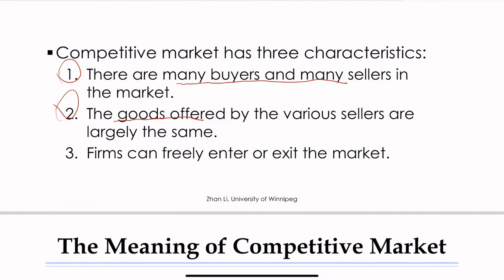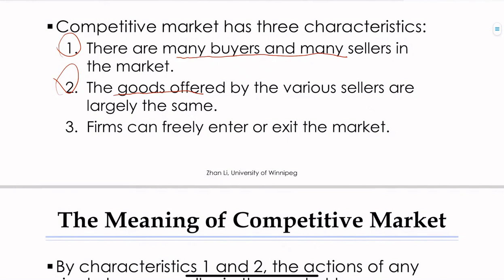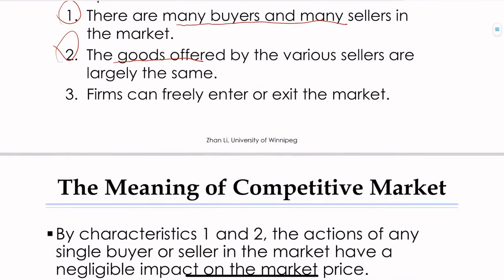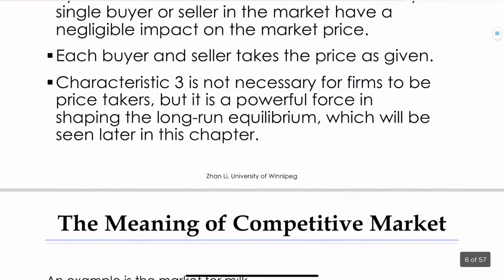So again, under the second assumption, all sellers and buyers will be just price takers. And then the third assumption is used for long-term equilibrium. In the second half of this chapter, you will see why we need assumption 3. But now you can see that assumptions 1 and 2 basically give you the idea that buyers and sellers are price takers in the competitive market.